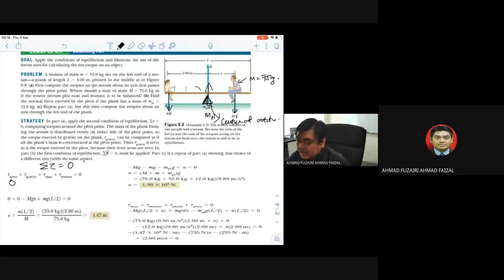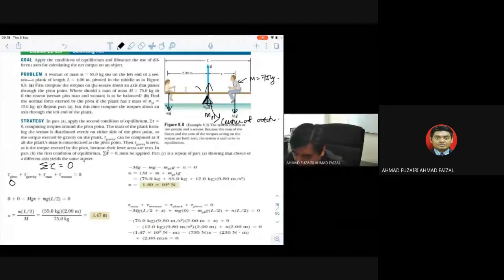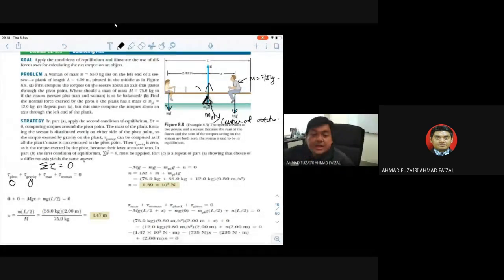Okay, maksud dia adalah gravity untuk plank tu sendiri. Okay, so plank ni ada 0 juga. Sebab plank itu dia duduk, mass dia betul-betul di atas center of rotation. So, nilai R dia akan jadi kosong.